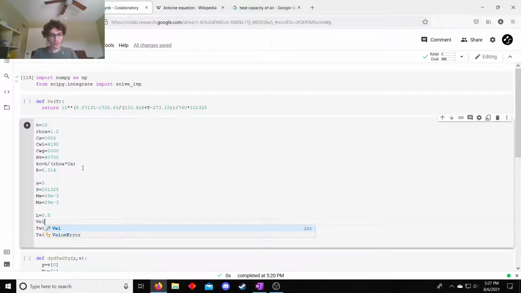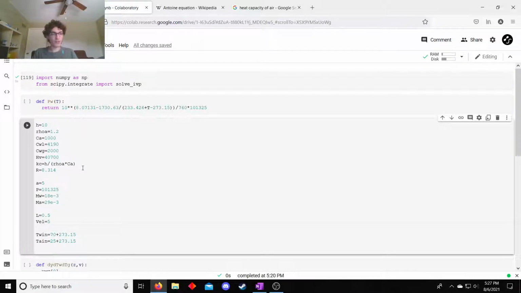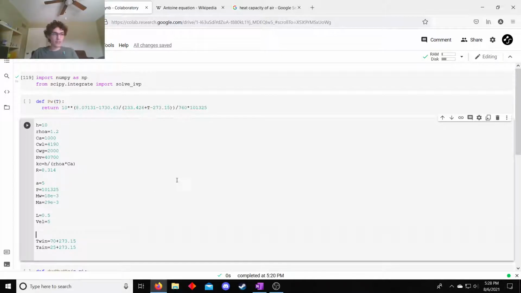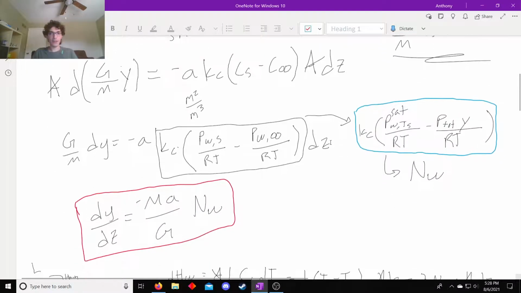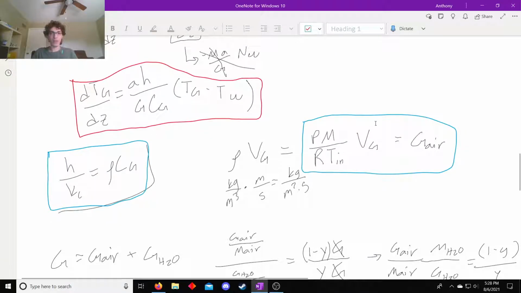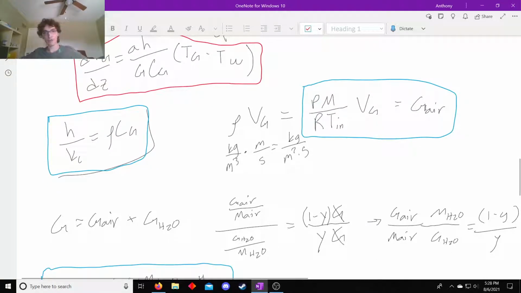So we'll say velocity equals 5. And if we remember from the last video, if we have the velocity of the air, we can find what the flow rate is from that. So we will multiply by the pressure and the molecular weight divided by R divided by the temperature of the air going in.